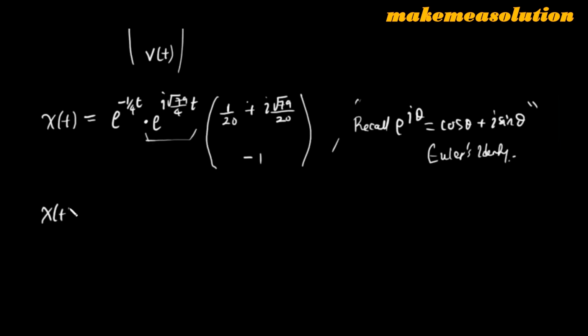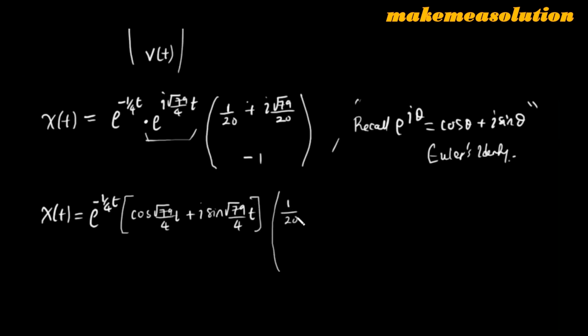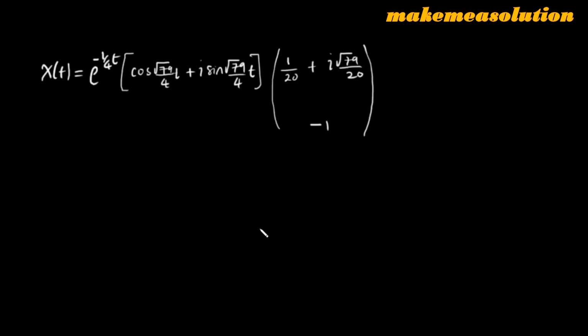So our x of t will now be exponential minus 1 over 4t, and when you apply Euler's identity on this one carefully, you're going to have cos root 79 over 4t plus i sine root 79 over 4t, like this. And you now have the vector, which is 1 over 20 plus i root 79 over 20, and minus 1. Then what we are going to do is expand.